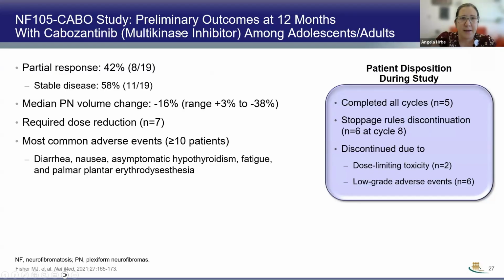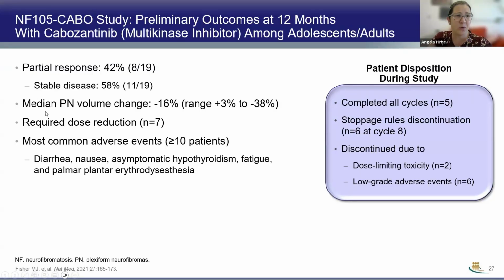Now, if we look at cabozantinib, this is that multi-kinase inhibitor, and we look at the adult adolescent data, we see a partial response in about 42% of patients. We see stable disease in about 58% of patients. Median plexiform neurofibroma volume change of about 16%. So certainly not as robust as the MEK inhibitors.